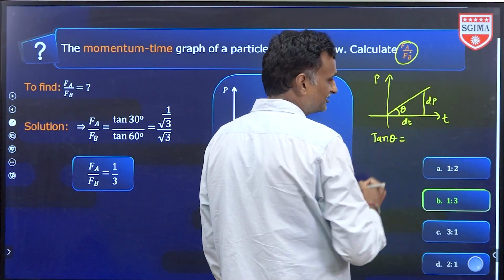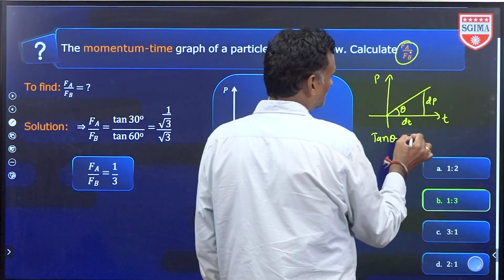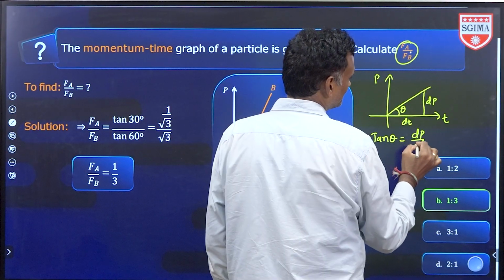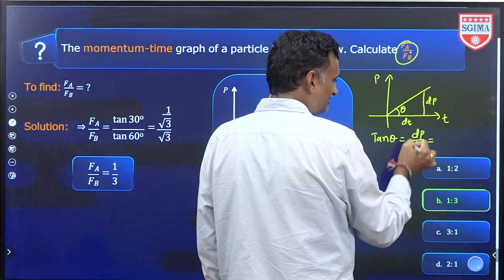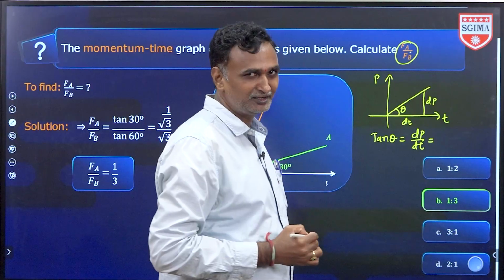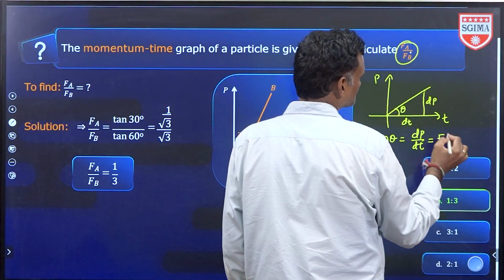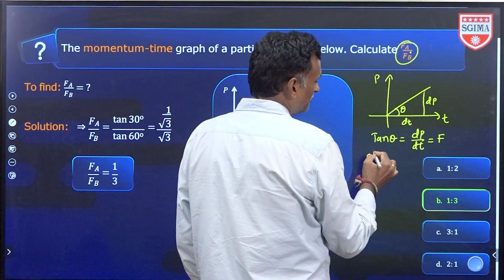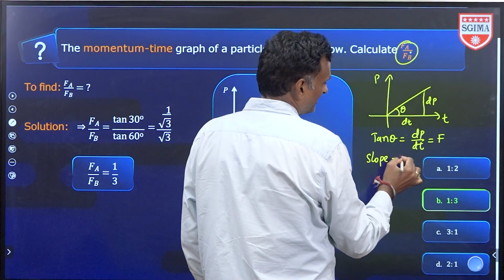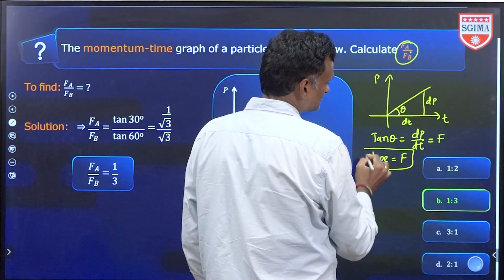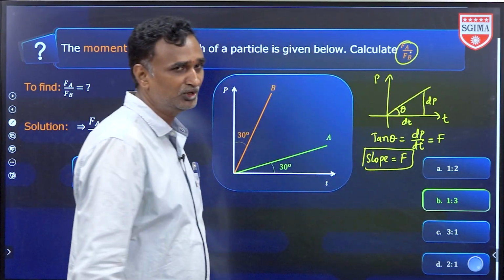The adjacent side involves dt, the change in time. So it explains dp by dt, which according to Newton's second law is force. So the slope of the line equals force. This is very essential.